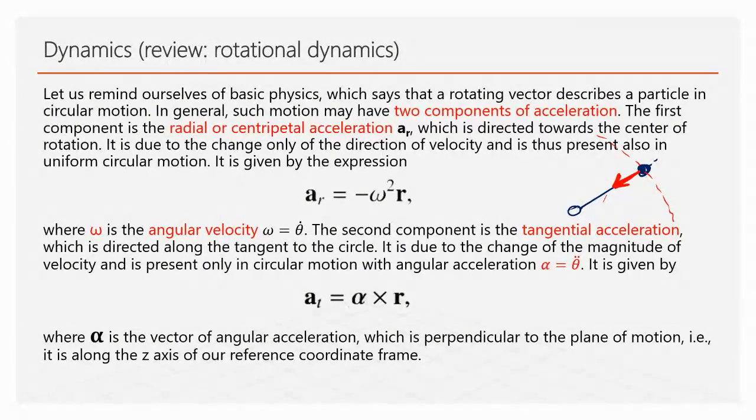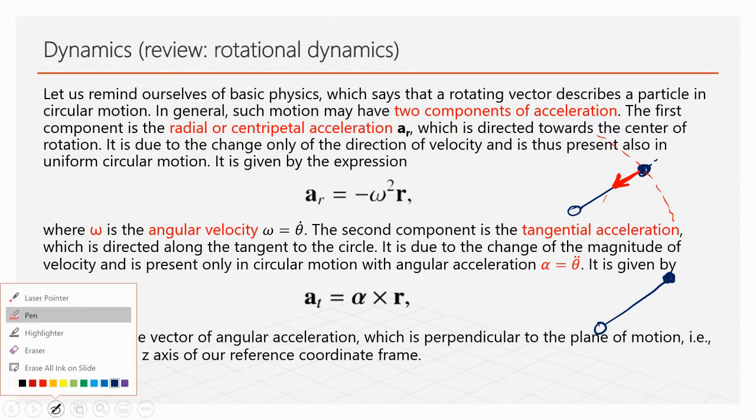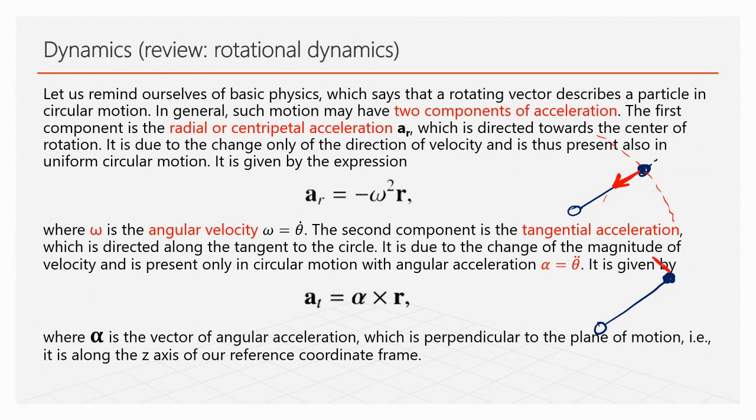The other component, which is tangential, is the acceleration that tries to rotate it in that direction. So my acceleration has two components, and this is a very, very important issue in every rotational mechanics system.